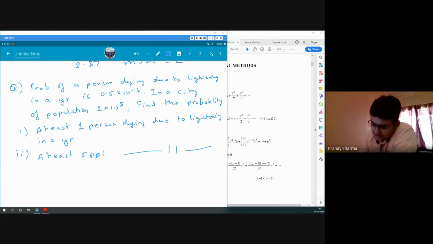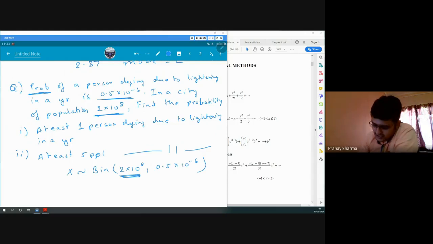So here, this is nothing but a binomial distribution. We have probability of success and total number of trials. So X follows binomial 2 into 10 raised to 8, comma 0.5 into 10 raised to minus 6. But clearly 2 into 10 raised to 8 is a very large n.